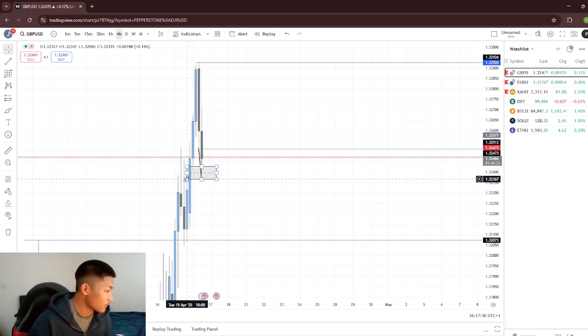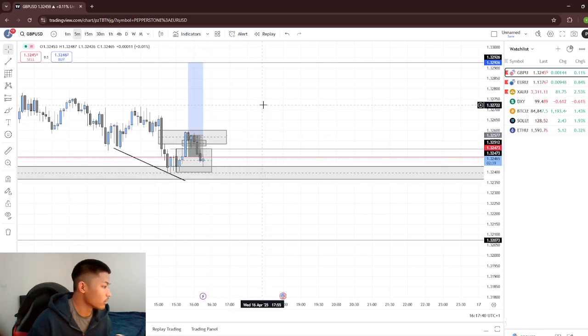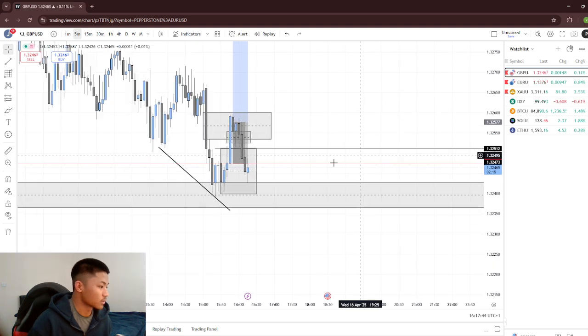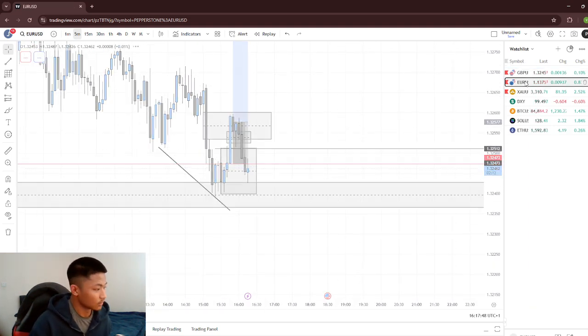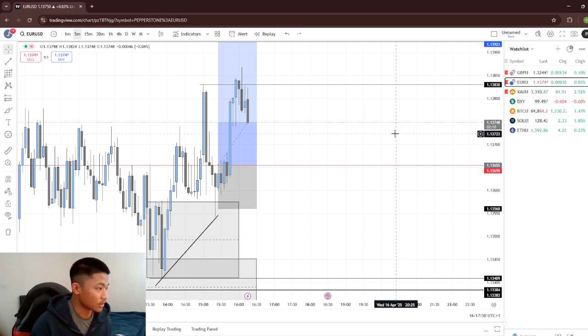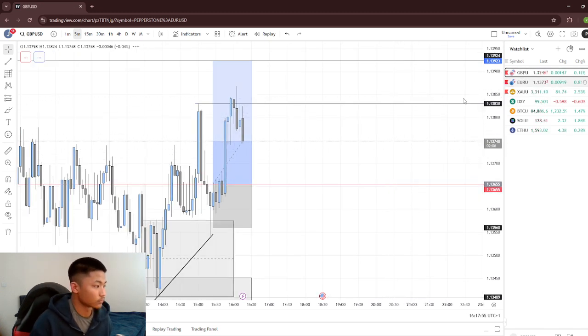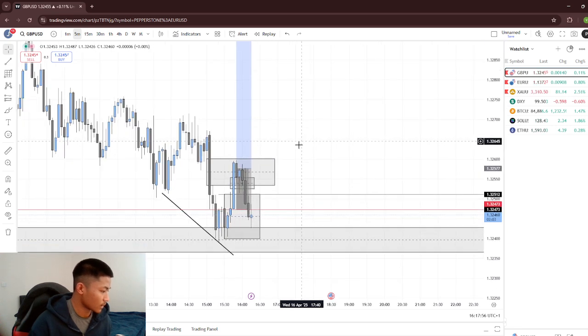We have a fair value gap here, and I was like, okay, we want to chase that, so I might as well wait for that. We tap into it, and I'm like, alright, nice. We've made an SMT, which again, something I'll get into very soon. And we see a break structure.